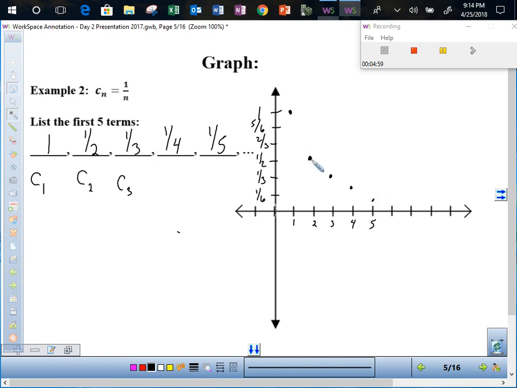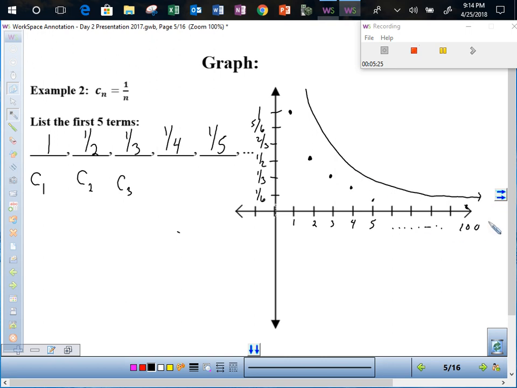Now, let's look ahead a little bit. Let's pretend that way out here I'm at the 100th term. Well, its value would be 1/100th. Notice that I did not cross the x-axis. So we're not going to connect the dots on this graph, but look at the pattern of what's happening. It behaves like an exponential function.